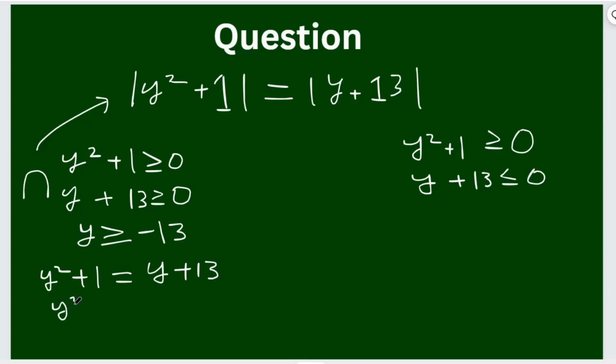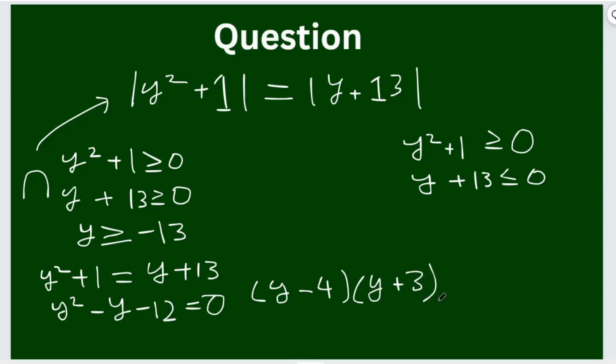So that's y squared minus y minus 12 is equal to 0. You can use the formula, or you can use factoring as well. So if you factor, you get y minus 4 times y plus 3 is equal to 0. And now here you can see that y is equal to 4.